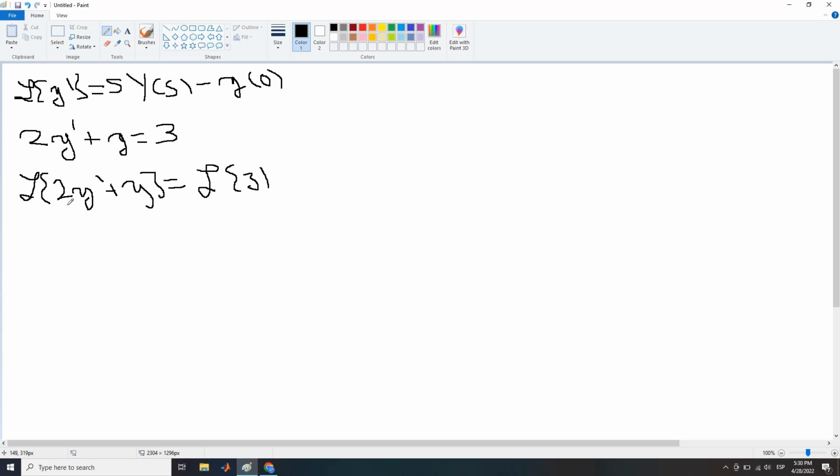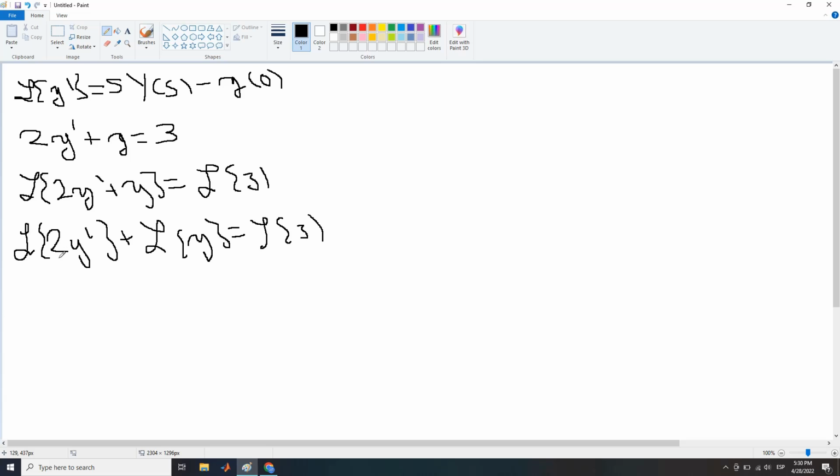So we have that this is a sum of functions, then we know that the Laplace transform of a sum of functions is equal to their individual transforms. And now we apply the formulas.